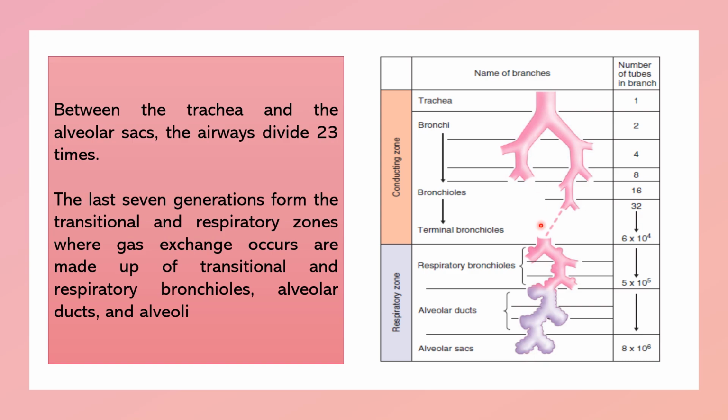One is the conducting zone, which does not take part in the gaseous exchange. It acts as a conduit or passage of air. And the last 7 generations is where the gaseous exchange takes place, which includes the respiratory bronchiole, alveolar duct and the alveolar sac.